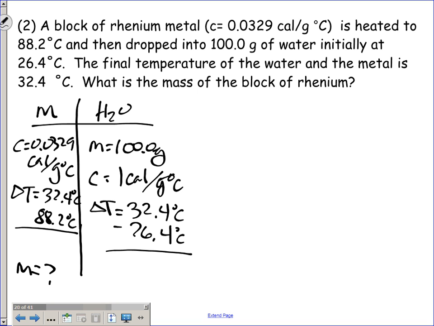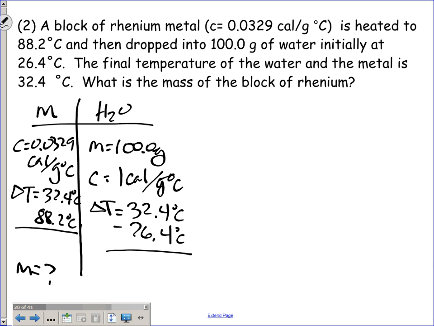Alright, give me a thumbs up if you've made it somewhere close to this, maybe farther at least. The calories given to you made me think twice about putting the joules on the water side, so that's why I just said the conversion between calories and joules is 4.18 joules is equal to 1 calorie. So I took water's 4.18 and made it into 1 calorie, so these two units would agree.